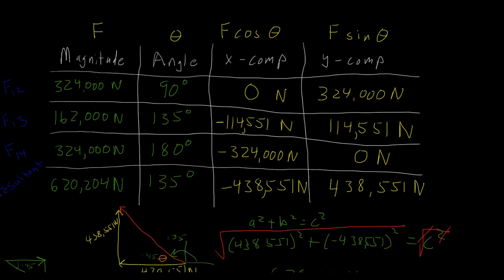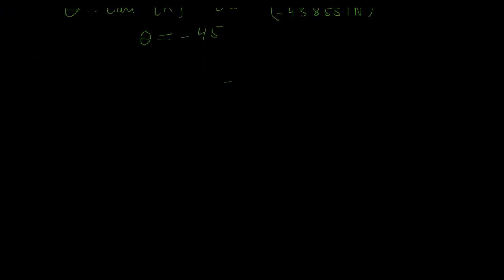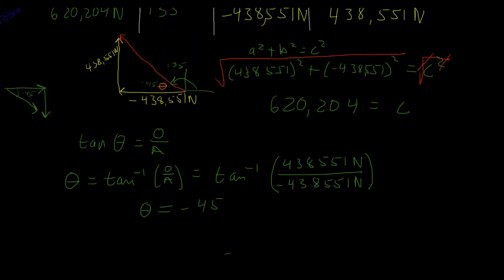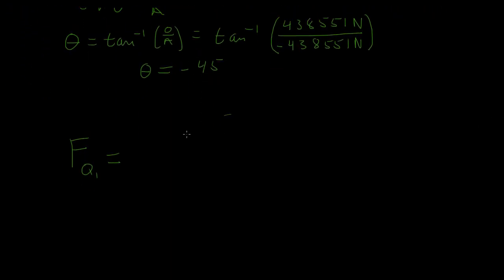And now we'll just write the final answer. So the net force on Q1 is going to be, I'll just round the magnitude here to 6.2, and then that will be times 10 to the 5th power. So 6.2 times 10 to the 5th.